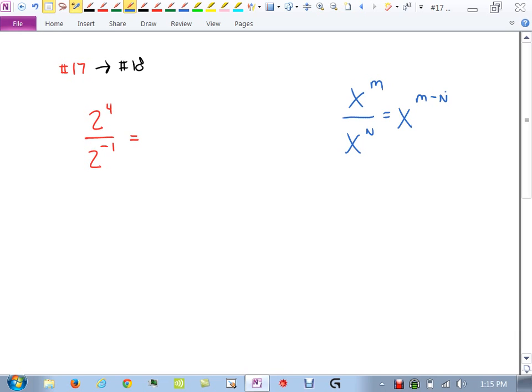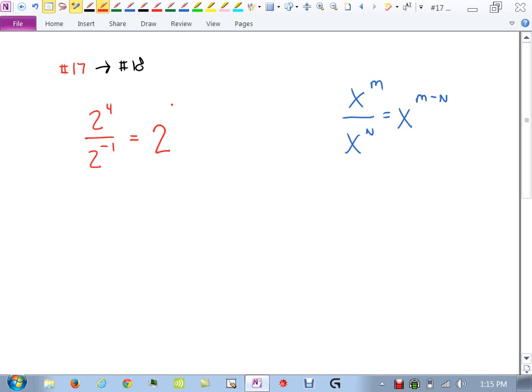Remember that one? It was quotient to power, basically. You have division to a power. With powers on each one, you subtract. You subtract the bottom one from the top one. So be careful on this with the signs.